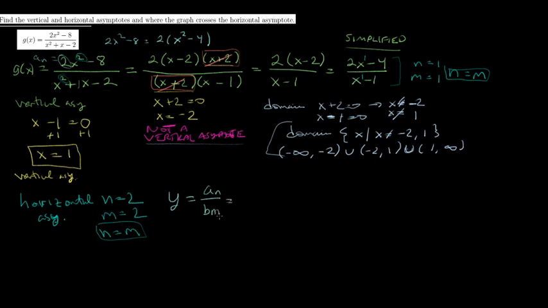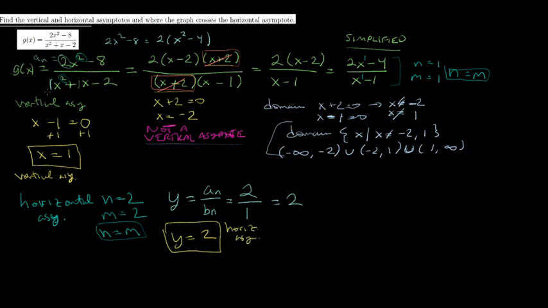Well, it's m, except that in this case n equals m, so they're the same. The an we just said was 2, and the bn is the number in front of the x squared. So it's invisible, but it's a 1. So 2 divided by 1, of course, is just 2. So that means we have a horizontal asymptote of y equals 2. Okay, so this is our horizontal asymptote.